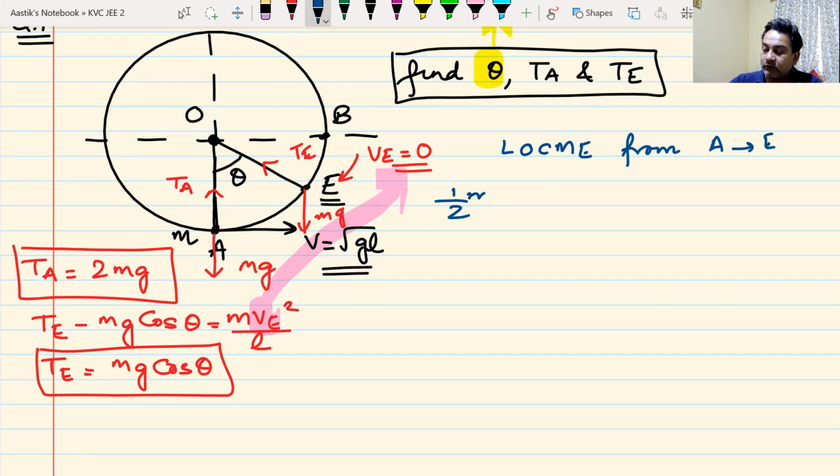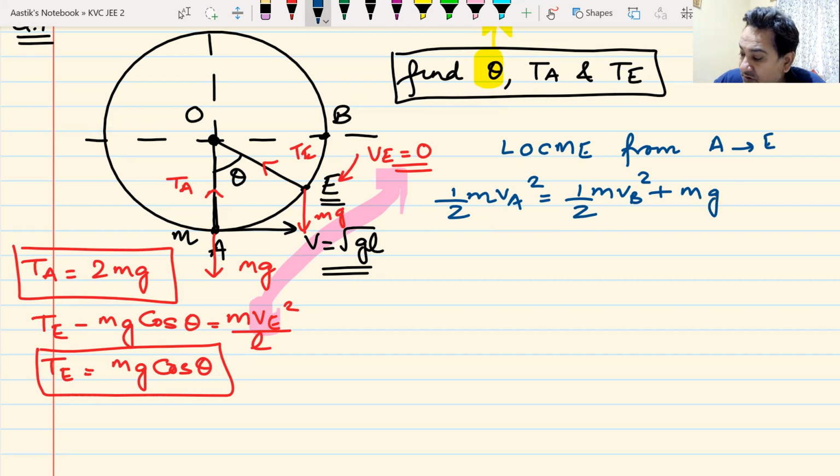Half m v a square is equal to cos inverse of 1/2, sir. It should not have taken so long, bacha. Plus mgl into 1. I would have been very happy if you could have done this on your own. Even now I am happy, but not so happy.